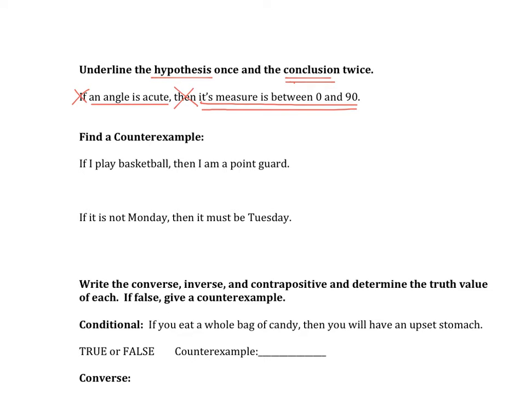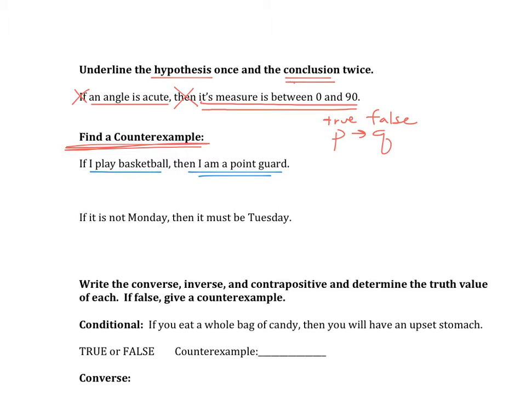Second thing you need to do is find a counterexample, and a counterexample is where, let's say you have if P then Q, okay? Whatever your statement is, we want this P part to be true and the Q part to be false. So, for instance, in this setup, if I play basketball, then I am a point guard.